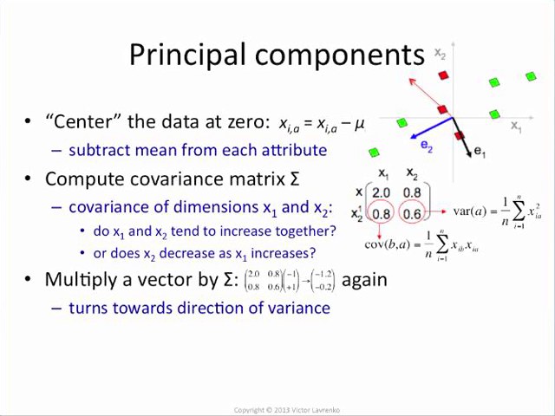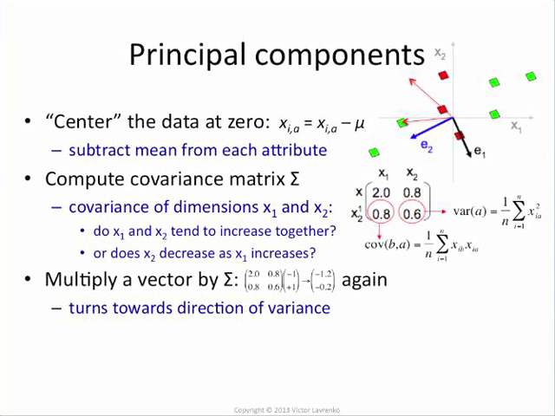That's my vector, -1, 1. This is my covariance matrix. I multiply them together and I get -2 plus 0.8, which is -1.2, and -0.8 plus 0.6, which is -0.2. That is my new vector. Let's plot that: -1.2 on x1, -0.2 on x2. It's going to point somewhere in there.